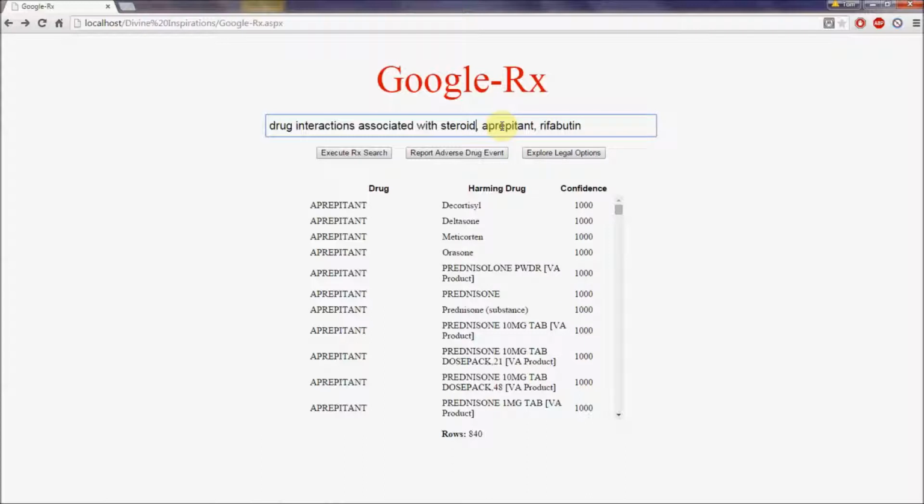Let's replace aprepitant with oxazine. And rifabutin is an instance of a class of drugs known as antibiotics. Let's replace rifabutin with antibiotic. And let's now execute this new query.